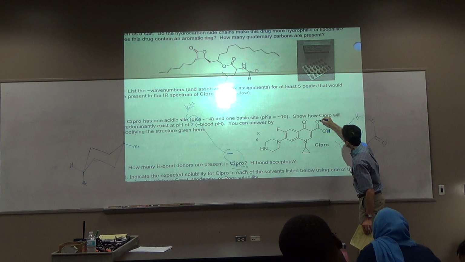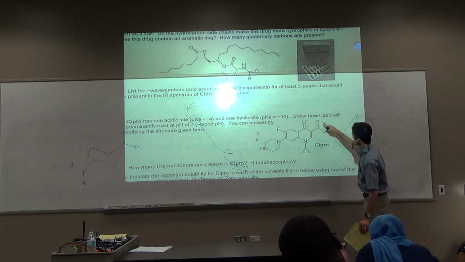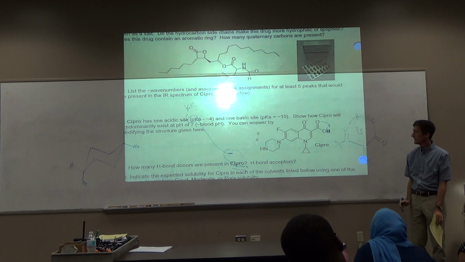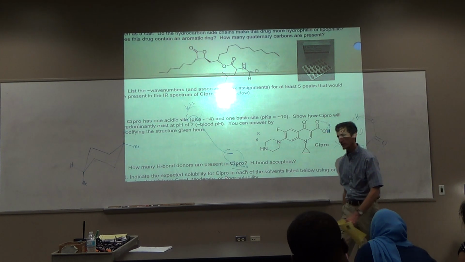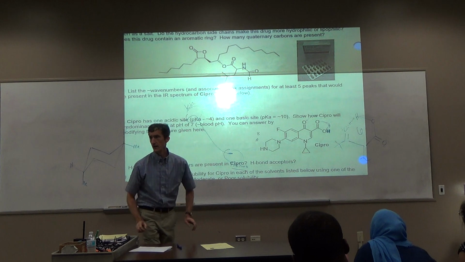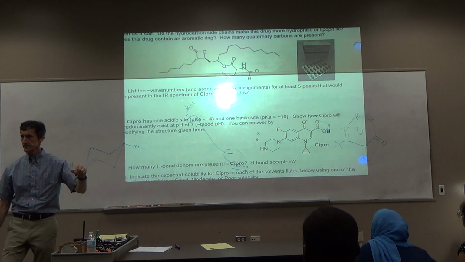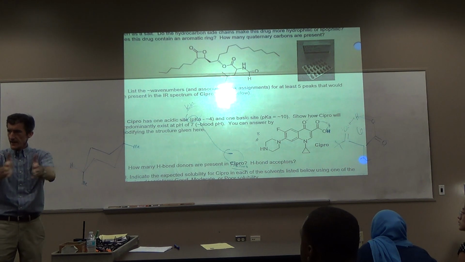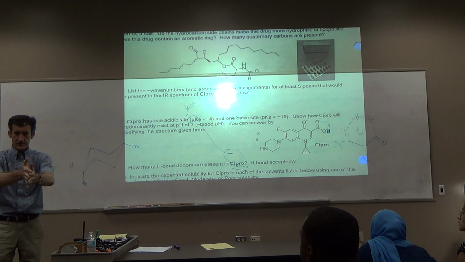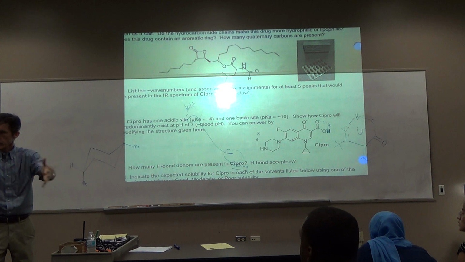Well, let's draw that out. And if we did that, what size ring are we making there? Only 4. That's 4, okay? What do you know about 4-membered rings? Too much strain. Consider a nice 5- or 6-membered ring being formed, okay?